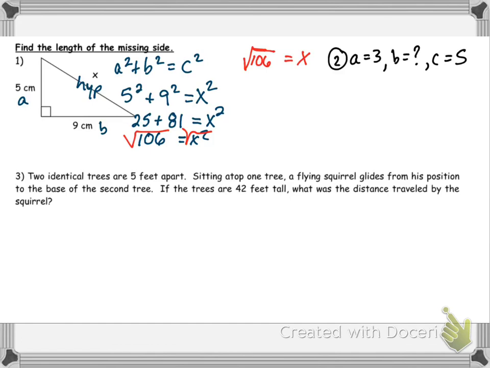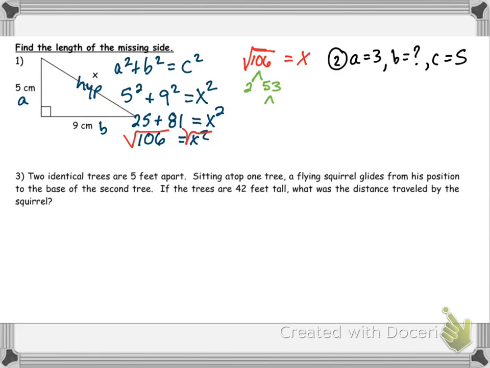To simplify it, I would break it down into two factors. So I find two numbers that multiply to equal 106. It's even, so I can divide it by 2. 2 times 53 gives you 106. 53, if I try to break it down, there's no numbers that can divide 53.